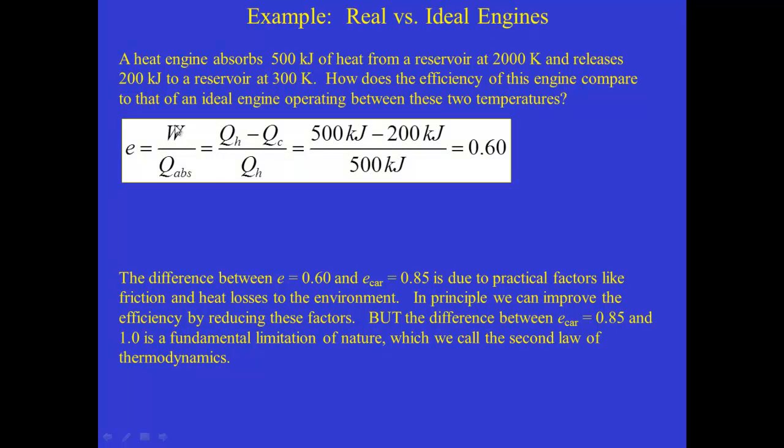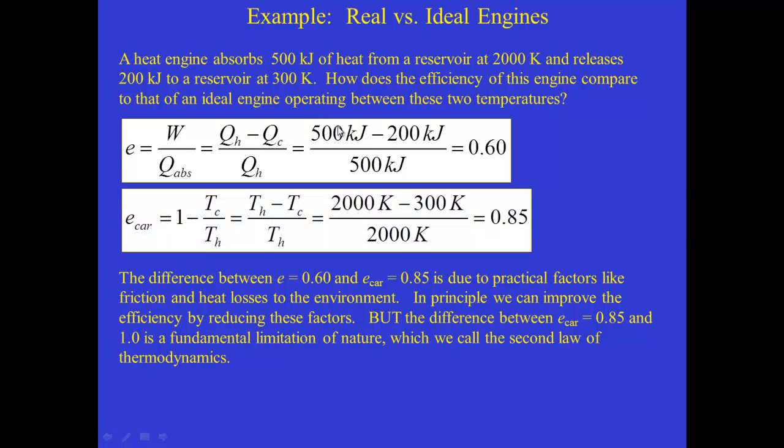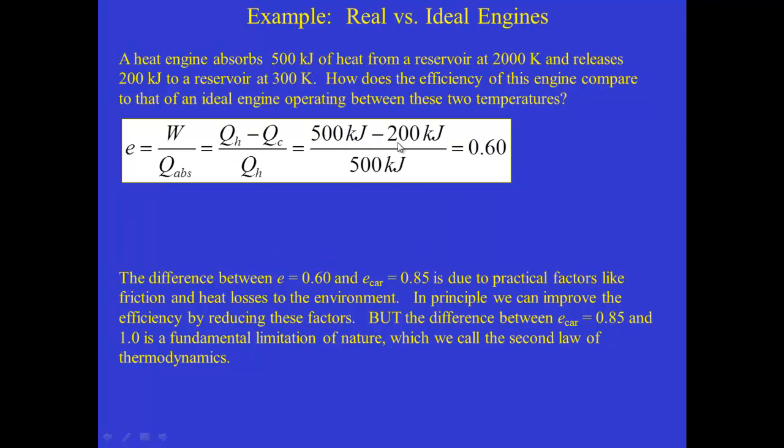The efficiency is the work done over the heat absorbed, and that's QH minus QC over QH. We're given those numbers, so 500 kilojoules comes in, right? 200 kilojoules is released, so the difference between the two, which is 300, that's how much work is done. 300 over 500 is 3/5 or 0.6.